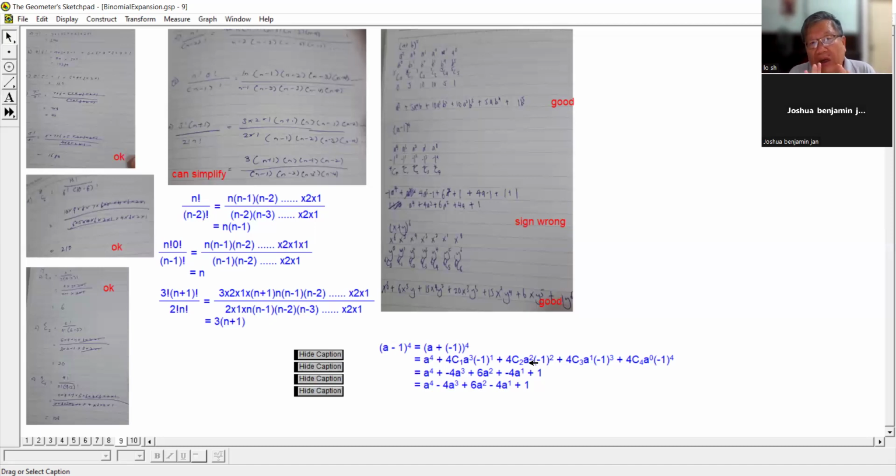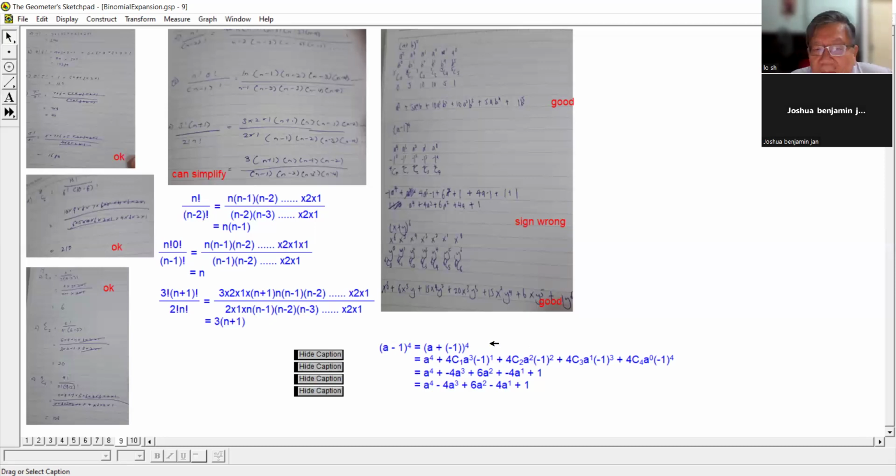But please take note that 4C2 is not the second term. 4C2 is actually the third term already, because the first term is 4C0. So if b is raised to the power of 2, then it will be 4C2, and so on, and so on.